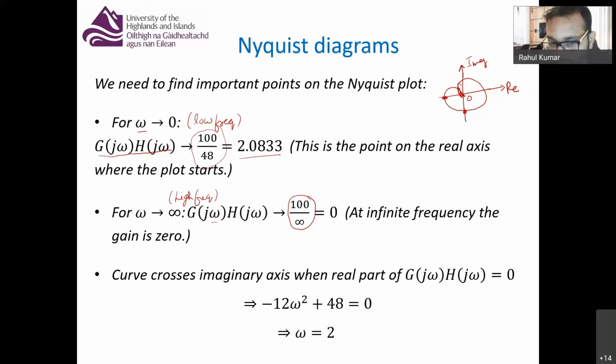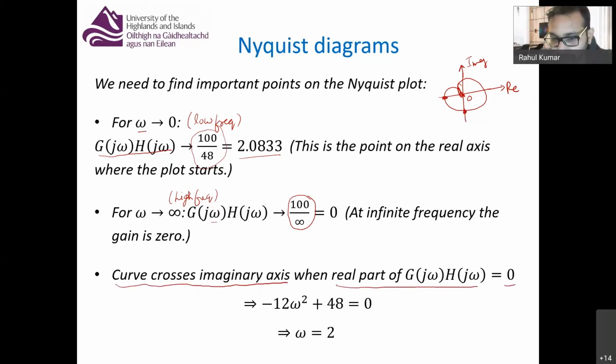To find where the curve crosses the imaginary axis, we equate the real part of G(j omega) equal to 0.